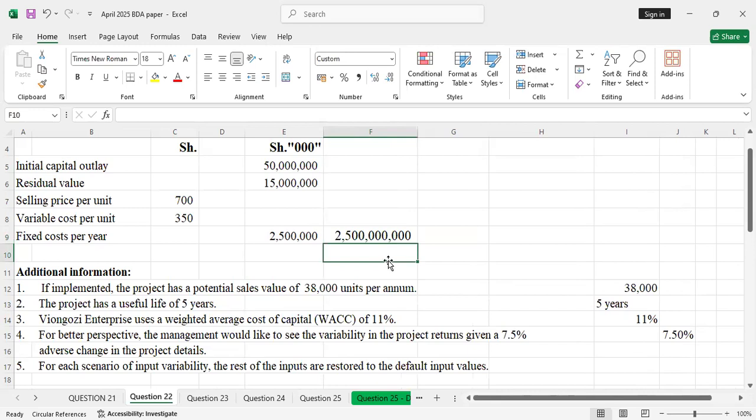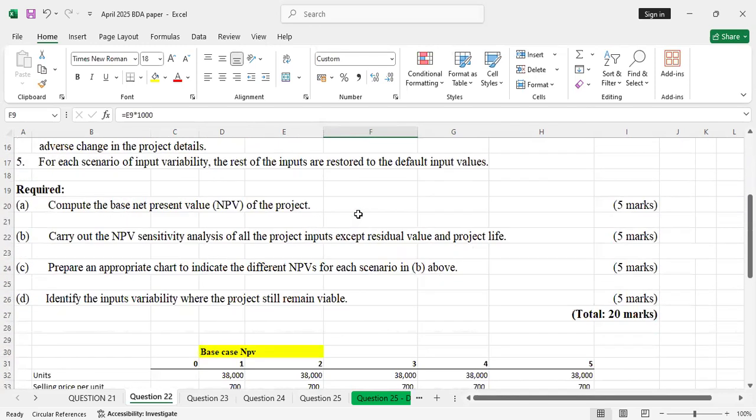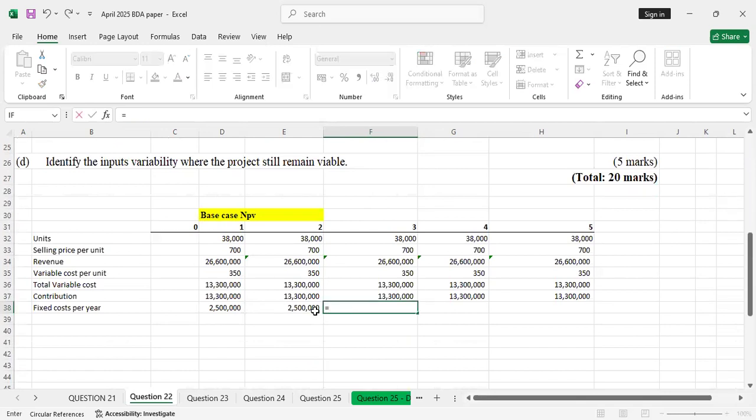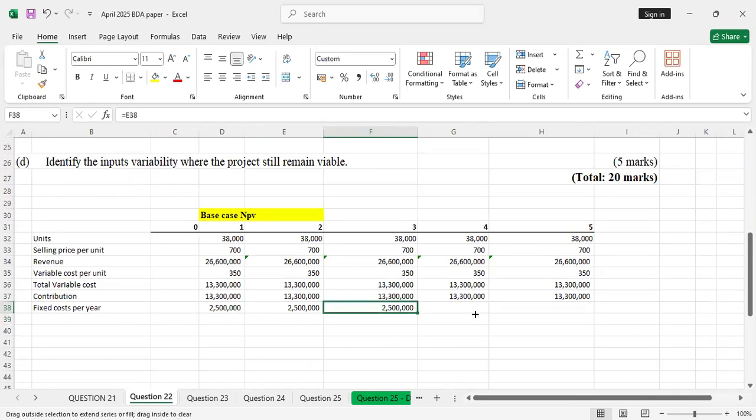That will be 2,500,000,000, 2.5 billion. It doesn't make sense to me. So I'll use the value the way it is, unless there will be a correction. But I have a feeling that maybe they did this correction in the examination room. So let me just highlight that.